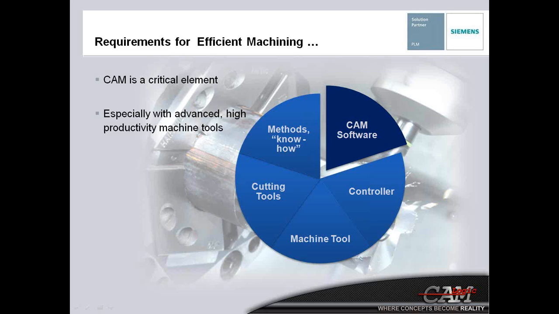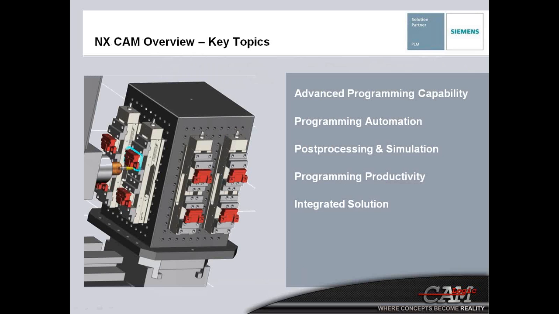We see this far too often. Where NX CAM falls in, obviously we look at it from the standpoint of the CAM software. A good, strong CAM software makes up the entire pie. It's an equal component of the entire pie.